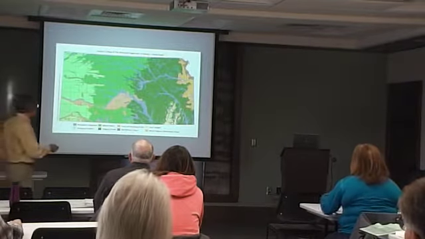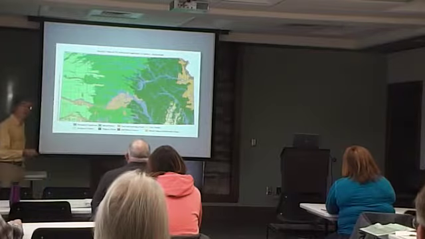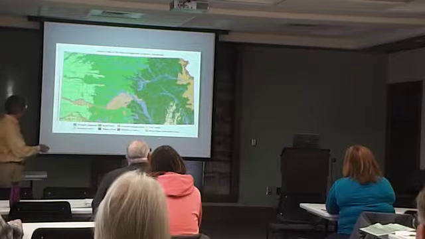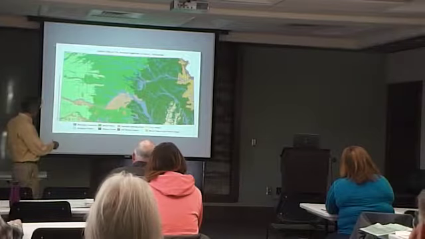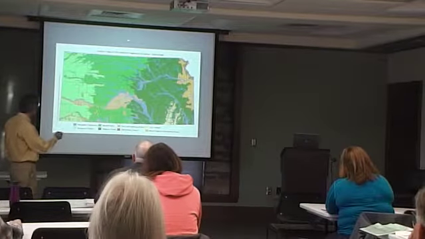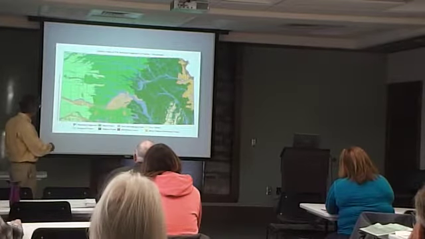grasslands. But the grasslands change, again, because of the change in precipitation. So we have what's called tall grass prairie, which is what's here, both in the Flint Hills area and to the east. And then we have a mixed prairie in the middle of the state, and by the time you get to the western part of the state, we're in short grass prairie, which continues on into eastern Colorado.